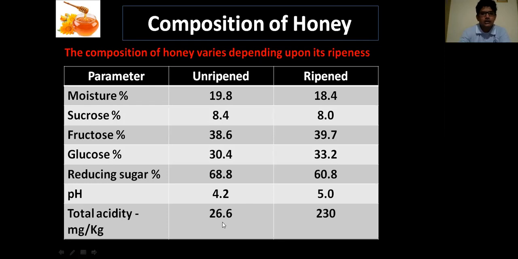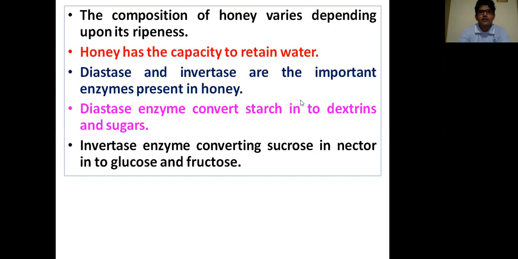Then the total acidity also changes from 26.6 to 23.0. So this is the composition of honey which shows that there is a different percentage of various parameters if you take a fresh honey and if you take an old honey. So here fresh honey means unripened honey and old honey means ripened honey. So the composition of honey varies depending upon its ripeness.